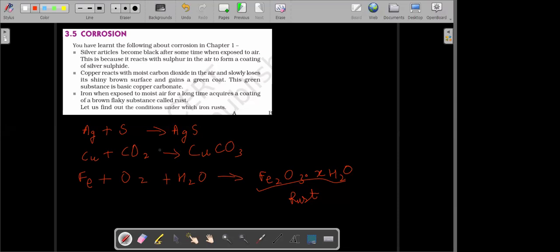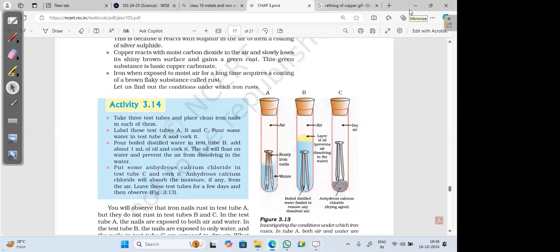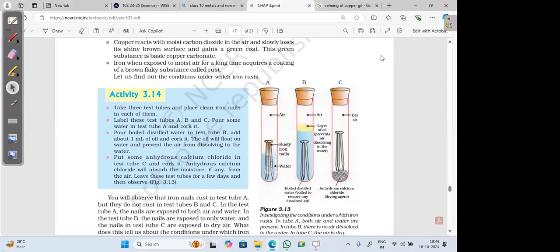Okay. So we'll talk specially here about iron. This experiment has been performed to study the corrosion of iron. We have taken 3 test tubes, test tube A, test tube B, and test tube C. In test tube A, water has been taken and a space is left for air also.